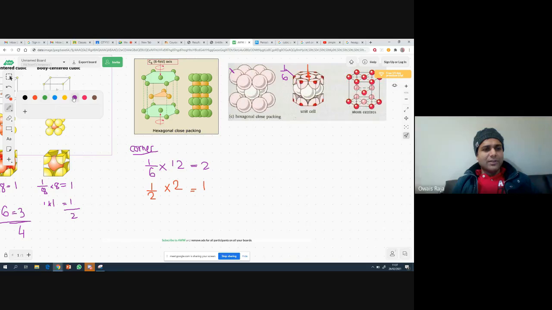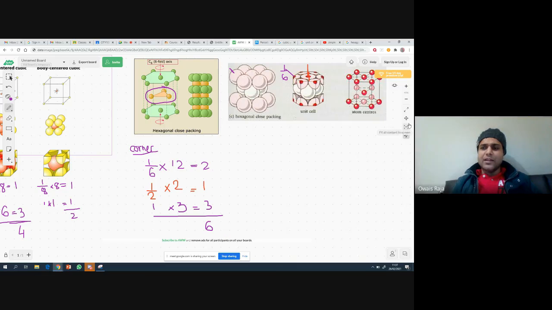Then we got 3 atoms that lie in the middle. These 3 atoms fully and solely belong to only that unit cell. So that's 3. So total number of atoms required to represent a unit cell of the CPH is 6.